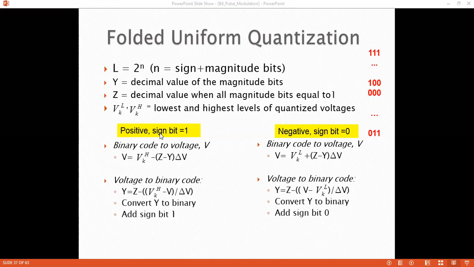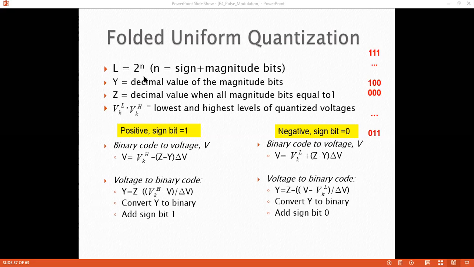In this course, the sign bit that we use for positive is 1 and for negative is 0. So the lowest code is 0, 1, 1, 1, 1 and so on, and the maximum is 1, 1, 1, 1. The first MSB, most significant bit, represents the sign of our PCM code, while the remaining bits show the magnitude.